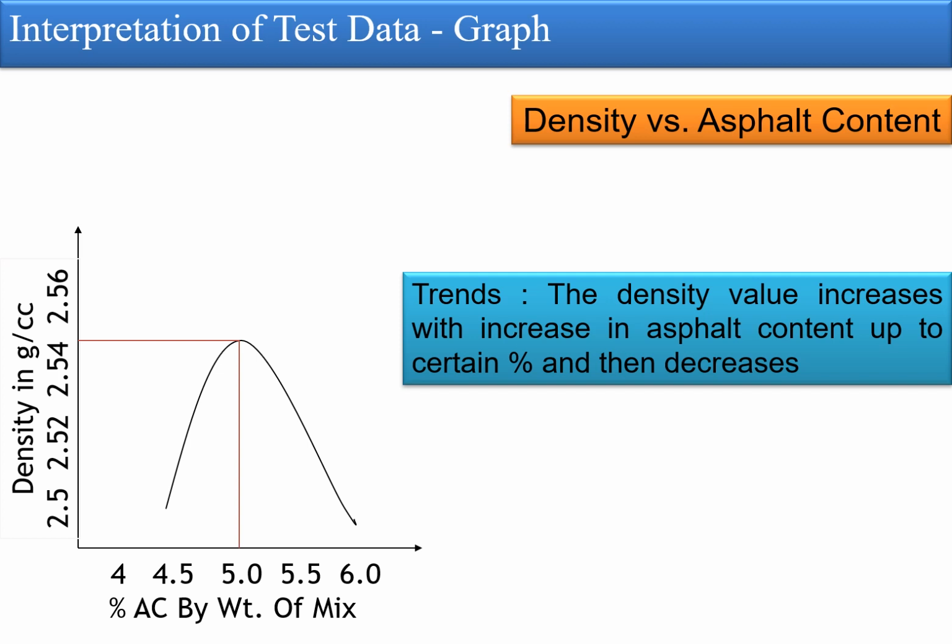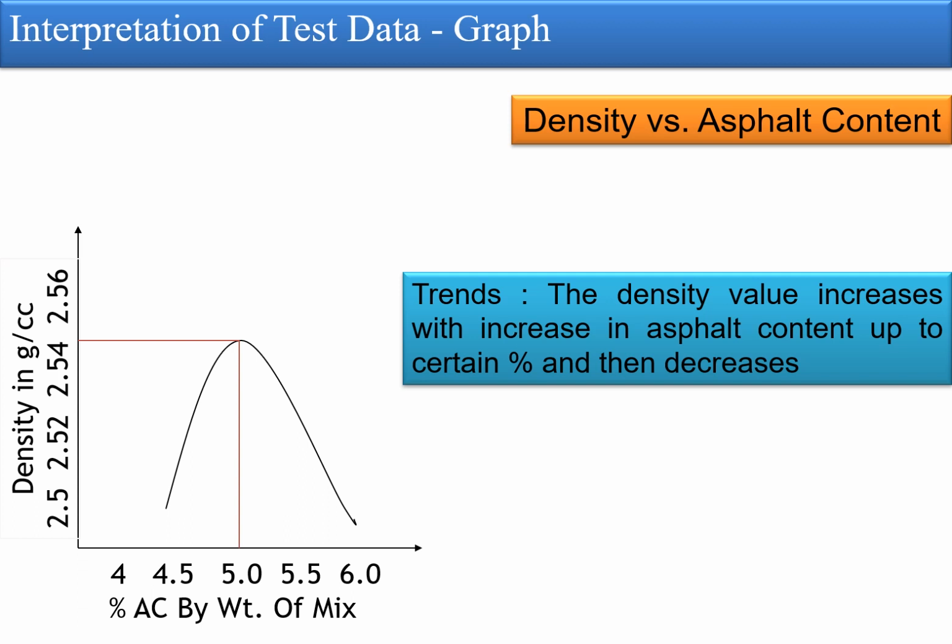For example, in the density versus asphalt content graph, the trend is that with the increase in asphalt content, the density goes up, and after reaching a peak, it falls back. The point where it reaches the maximum value, the corresponding bitumen content, is the optimum binder content for maximum density.